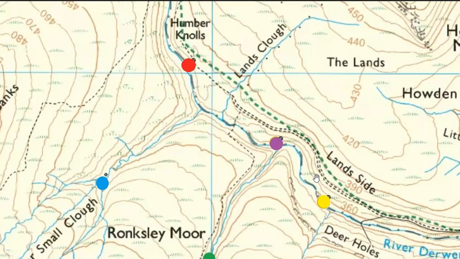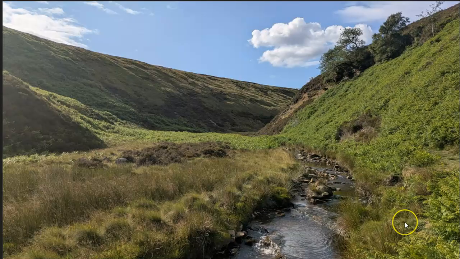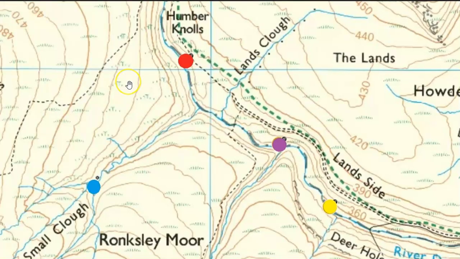What about on the left hand side of the stream? Again, a quick reminder: can we see this slightly flatter area just before the stream, with contours getting closer higher up on the left hand bank?